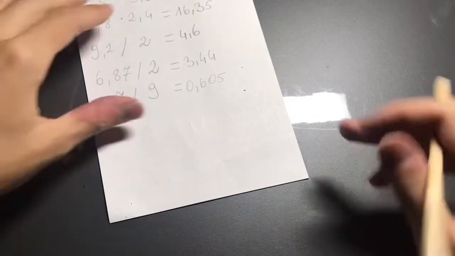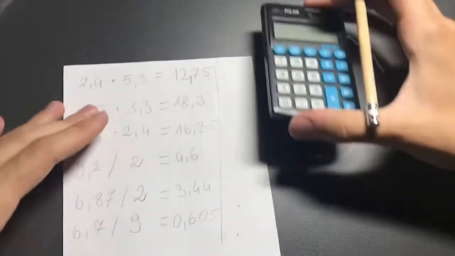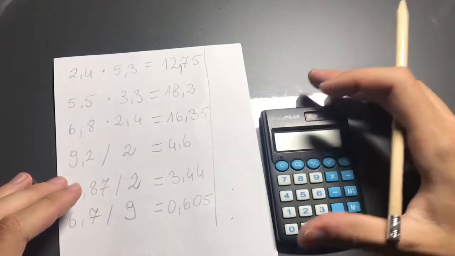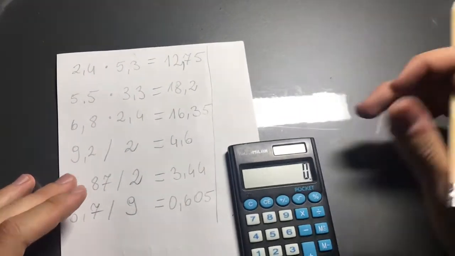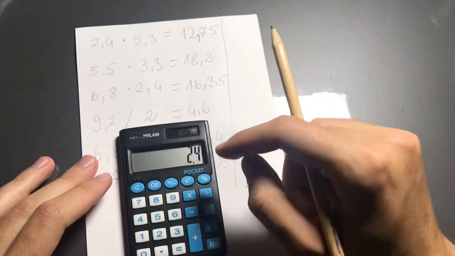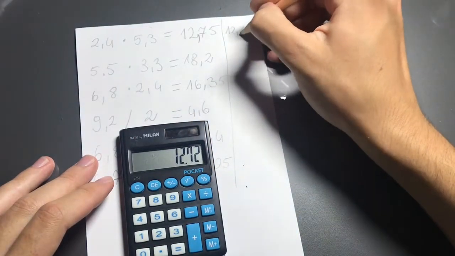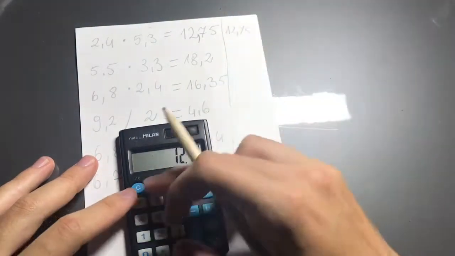So let's right now compare these two calculations taken by a calculator. So we will be able to see how precise we did. So 2.4 times 5.3 equals 12.75. Bang on.